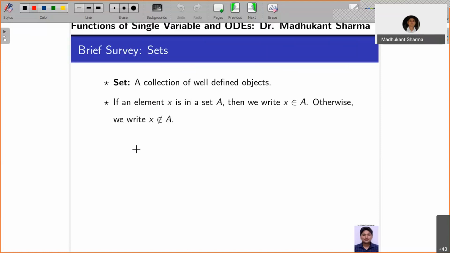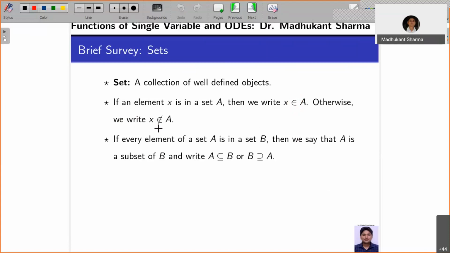So next, we are going to see when you say an element is inside A or outside A. This is the mathematical notation for belongs to. Okay, that is the reverse epsilon. So x belongs to A means x is an element of A. And otherwise, if it is not there, we just cross it, meaning x does not belong to A. Okay, so this you are aware of.